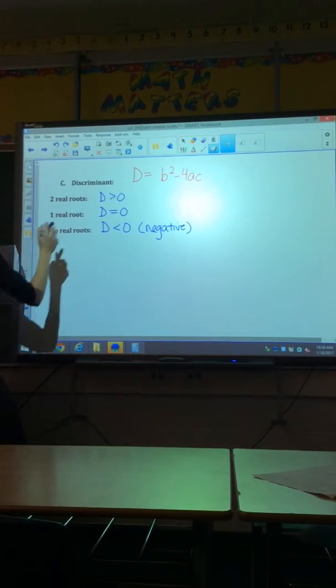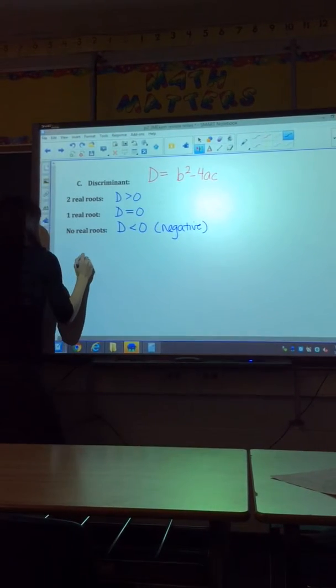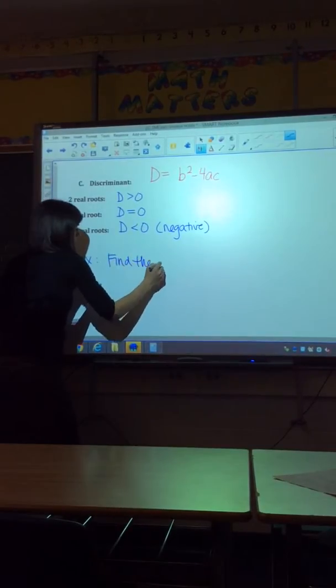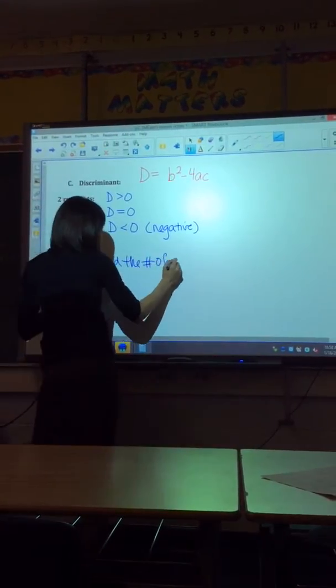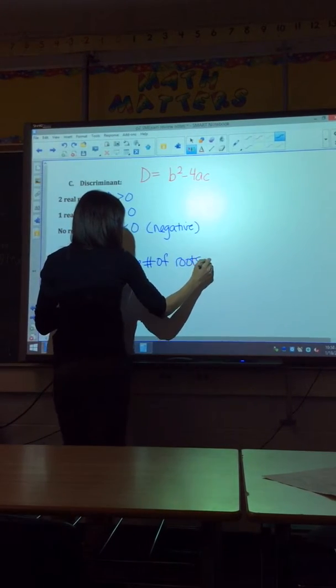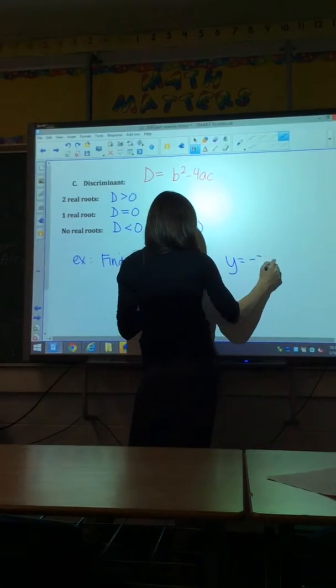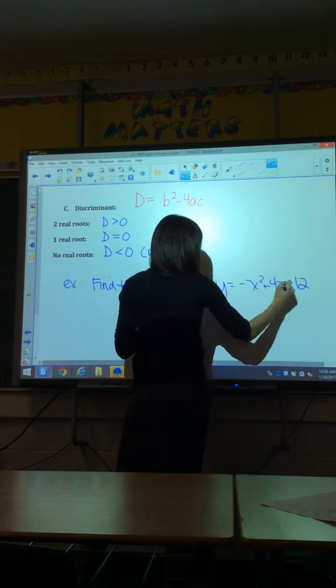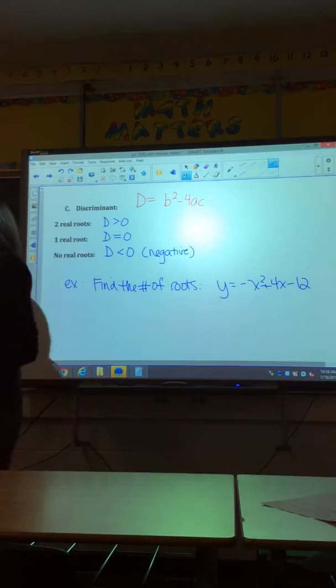So I'll give you a quick example in case you forget how to do this. Find the number of roots for the equation negative x squared plus 4x minus 12. Give it a shot.